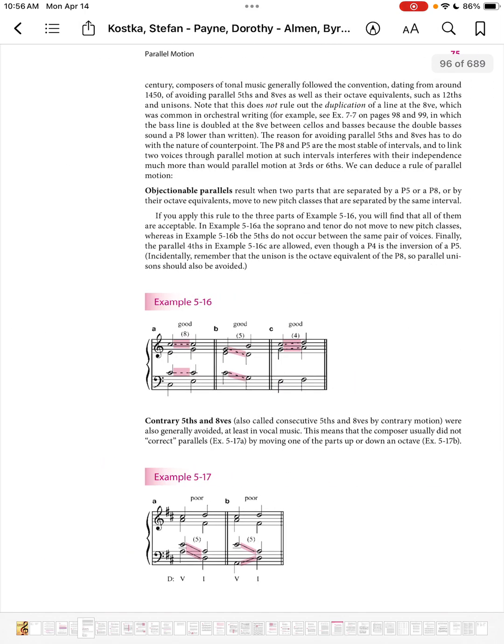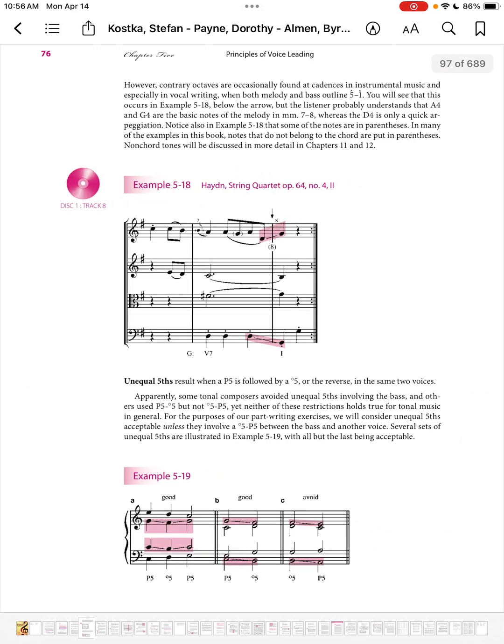I'm going to flip to the next page. This gives you more about adjustable parallels. Contrary motion: an unequal fifth is followed by a reverse of the same two voices.